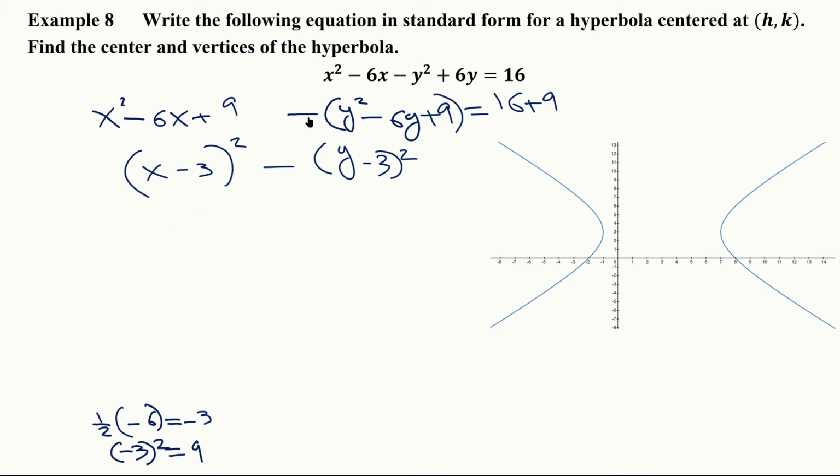But on this one, I'm not actually just adding 9, I'm adding negative 9. So I also need to do negative 9 on this side. So I end up with quantity x minus 3 squared plus quantity y minus 3 squared equals what? 16, because that 9 and negative 9 cancel each other out. So we need to go ahead and divide both sides by 16 to get our 1 on the other side.